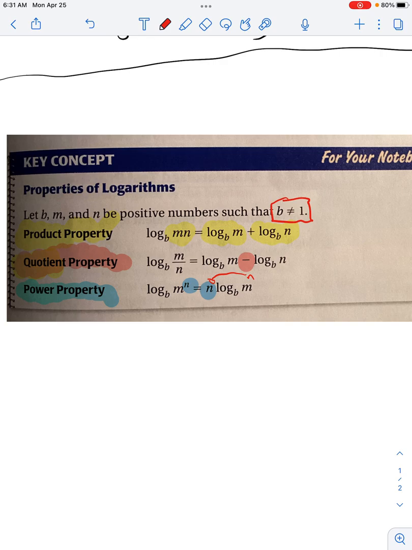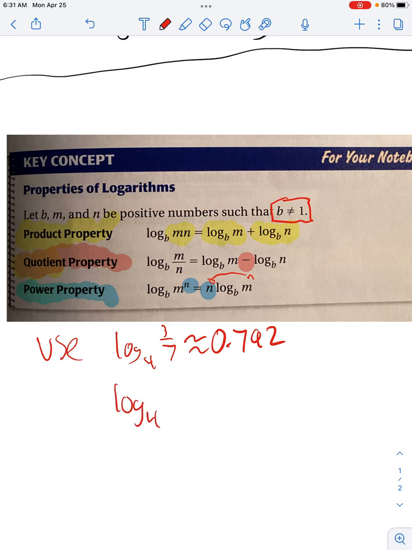We're going to use log base 4 of 3/7. Log base 4 of 3 is approximately 0.792, and log base 4 of 7 is approximately 1.404.